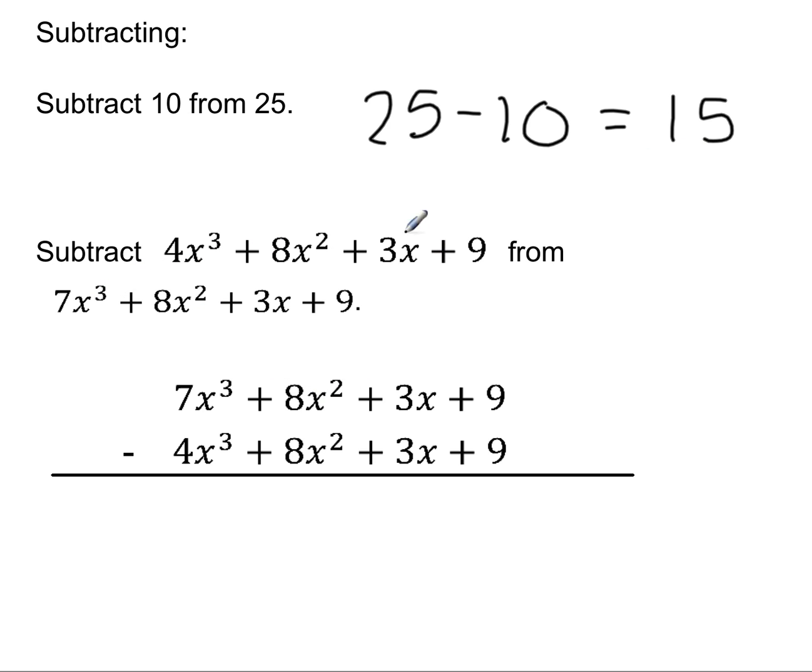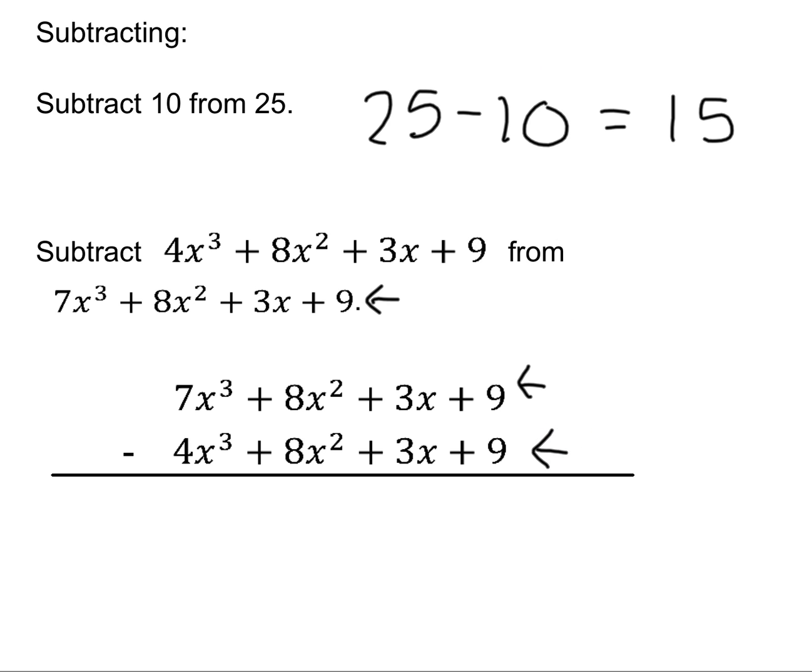Okay, so if I have these polynomials here and it says subtract 4x to the third plus 8x squared plus 3x plus 9 from 7x to the third plus 8x squared plus 3x plus 9, that means that this one's going to be on the top and this one will be on the bottom.